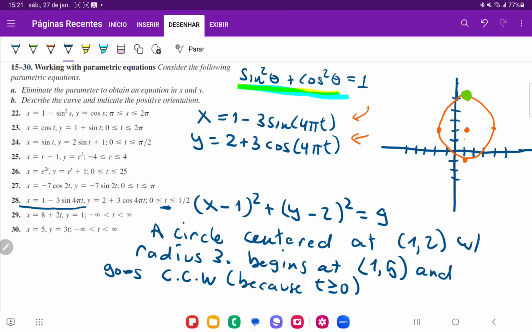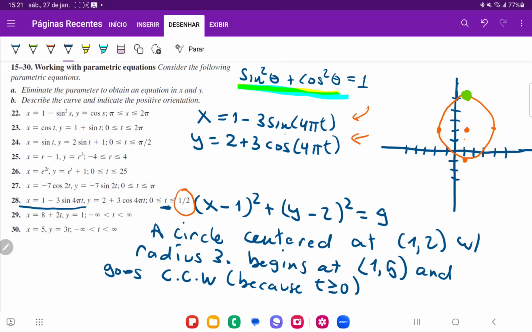And now where does it end? Well, let's think about it. If we plug in t is equal to 1/2, which is the very end, what are the x and y equations actually going to evaluate?